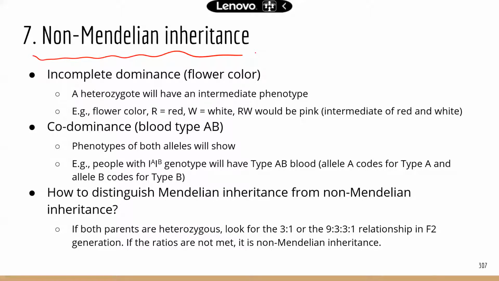The TEAS study menu did mention that there might be questions where you have to differentiate Mendelian inheritance and non-Mendelian inheritance, and with the numbers and information provided in the question, identify whether this is a trait that follows Mendelian inheritance or not. For non-Mendelian inheritance, we have incomplete dominance.